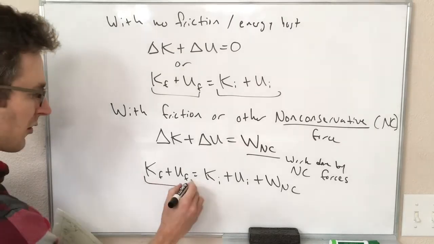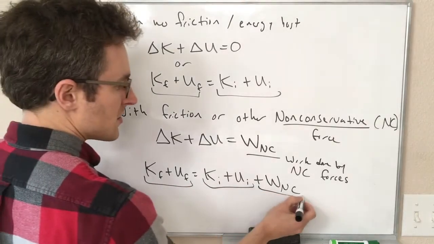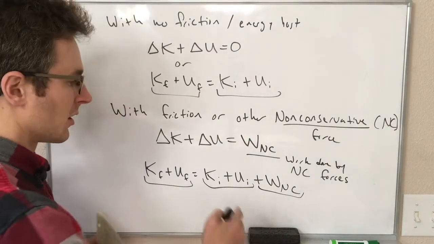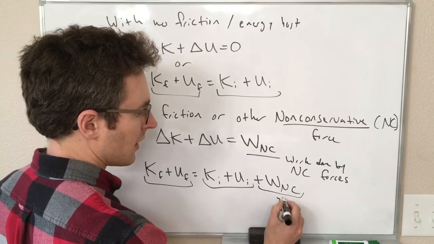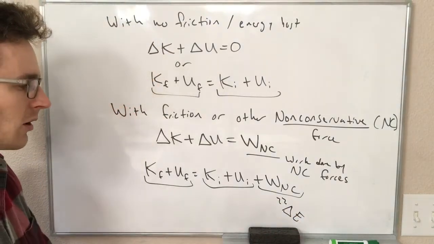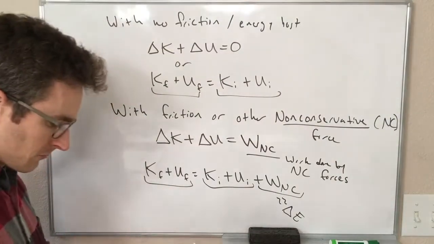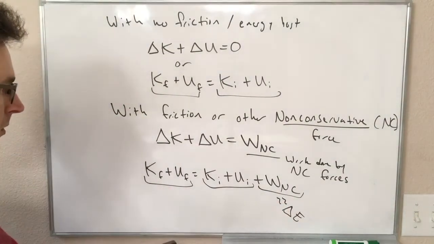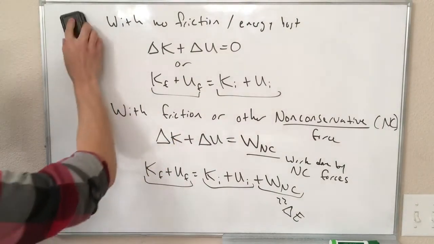So this is still our final energy, this is still our initial energy, and this is how much our energy is changing from initial to final. So we can think of it like a delta energy, where we're adding or subtracting some energy to or from the system. All right, so these are what we're going to use if we do have friction.